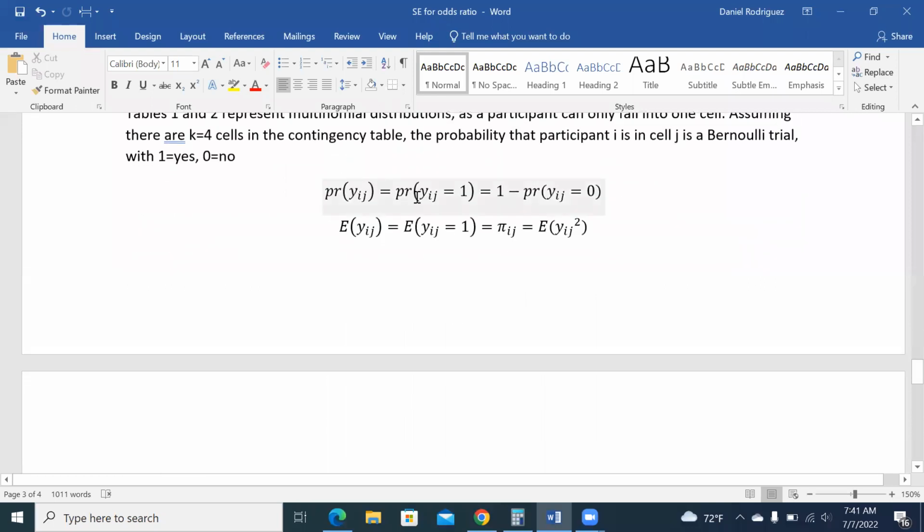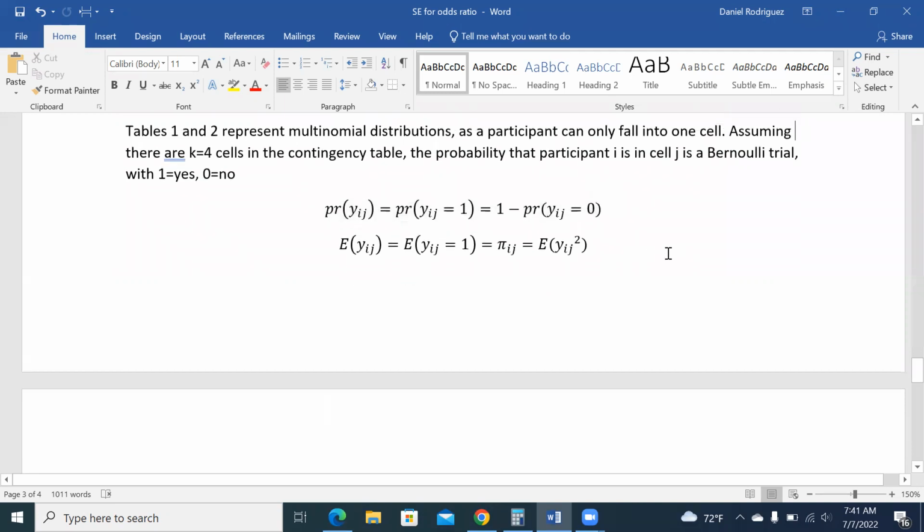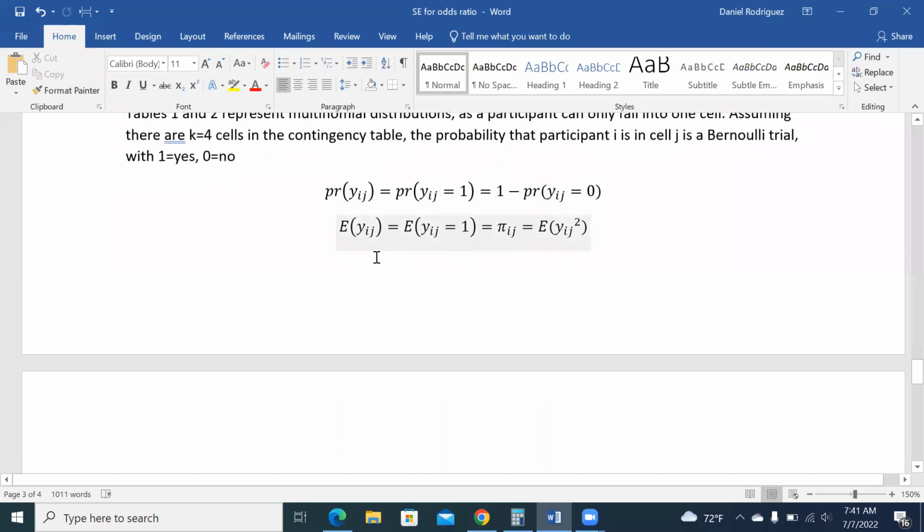So here's the probability that Yij equals 1, and that is equal to 1 minus the probability that Yij equals 0. This is some stuff you need to know. It's also saying that whatever the probability of success is, failure is 1 minus the probability of success, because they're mutually exclusive events with only 2 possible outcomes.